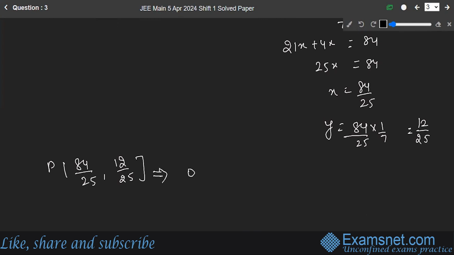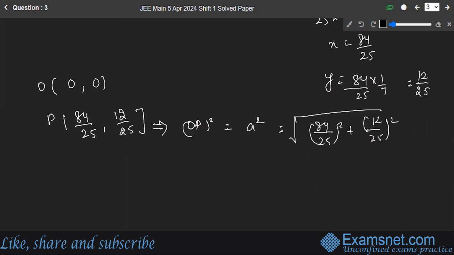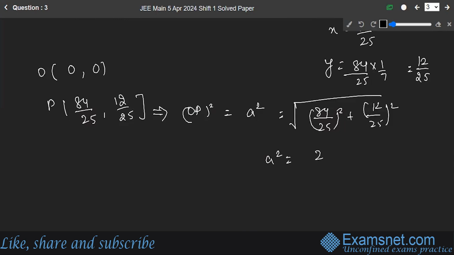So from here, OP will be given by, I have the coordinates of O, which is the origin, which is 0 and 0. So this will be given as I took it as A, so this is A square. This is equal to 84 upon 25 whole square plus 12 upon 25 whole square, which will give you the value of A square as 288 upon 25.